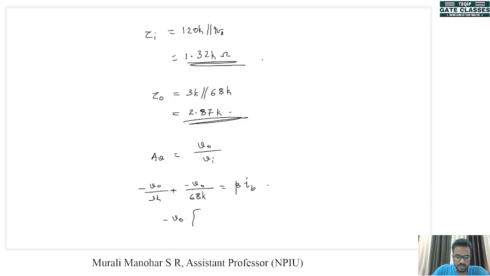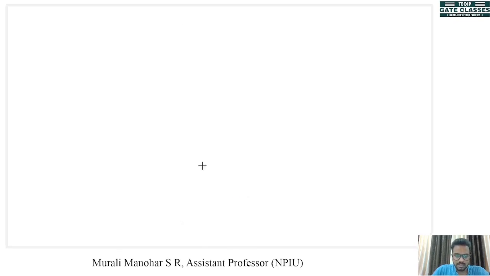Minus V out into 1 by 3K plus 1 by 68K must be equal to beta IB. That is, V out is equal to minus beta IB into 1 divided by 1 by 3K plus 1 by 68K. This is actually the parallel combination of 3K and 68K.